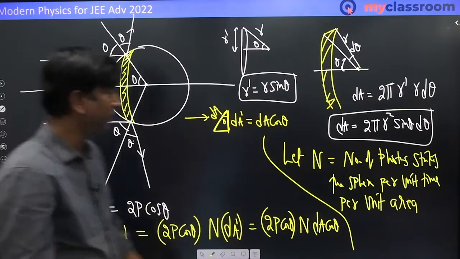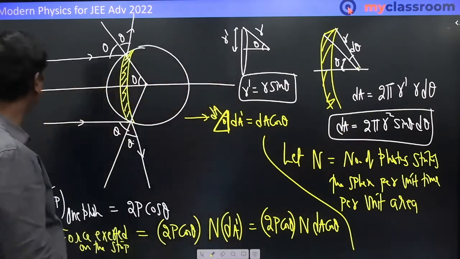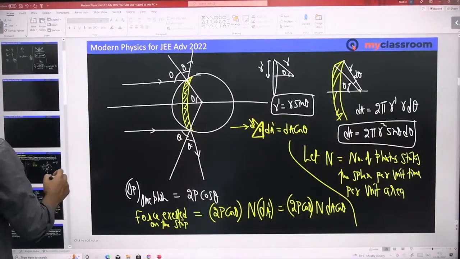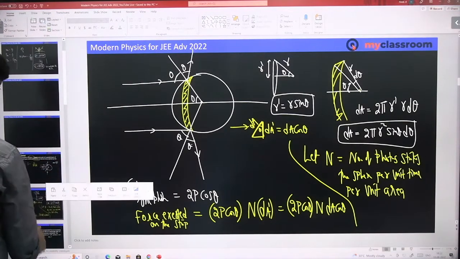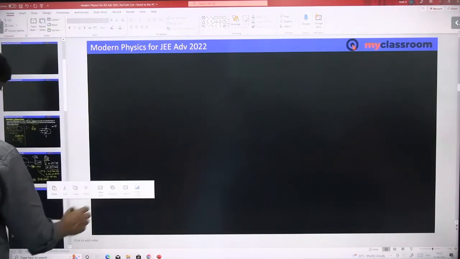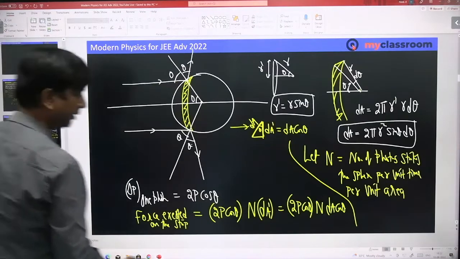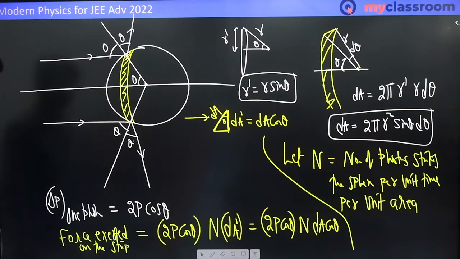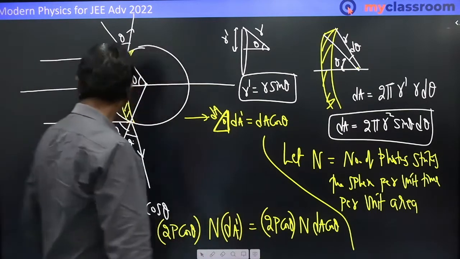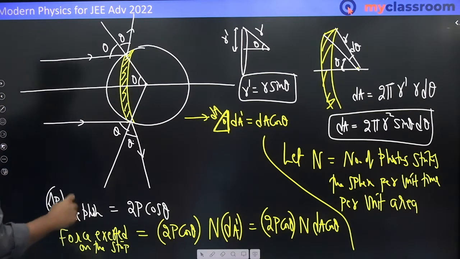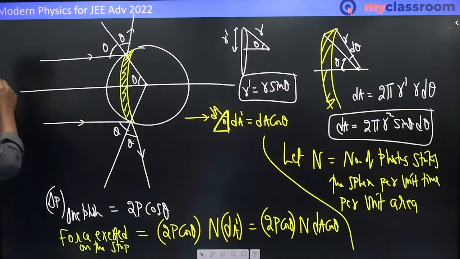So what is dA? Substitute for dA: 2 pi r square sin theta d theta, all that. So further, 2p cos theta into n dA cos theta.